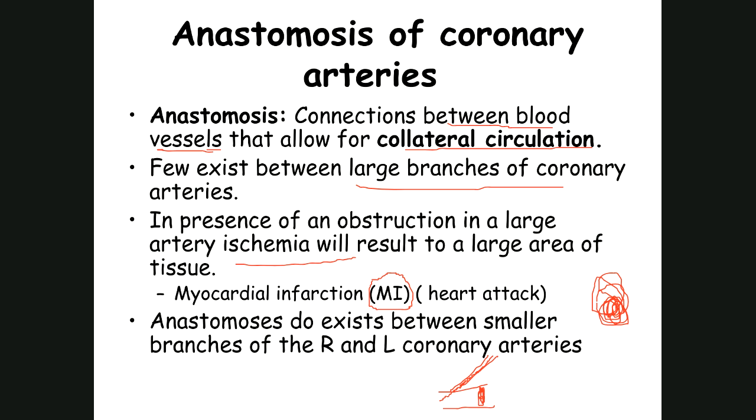Just remember, it is the connection between blood vessels which helps in collateral circulation. So what is collateral circulation? Collateral circulation means the blood goes in any direction, like this, like this.